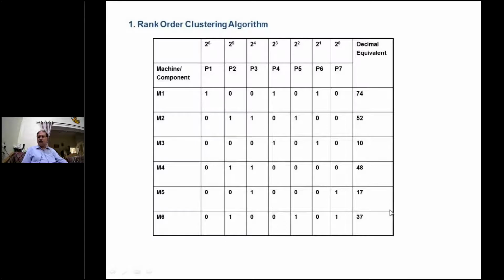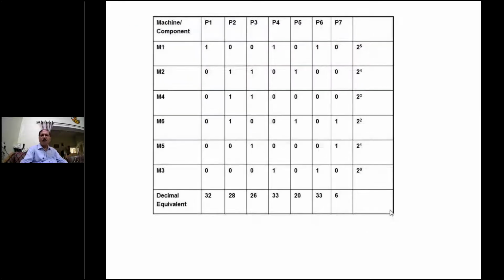Once you find the decimal equivalents, you arrange the rows in the descending order of their decimal equivalent. So here we have arranged all the rows in the descending order of the decimal equivalent.